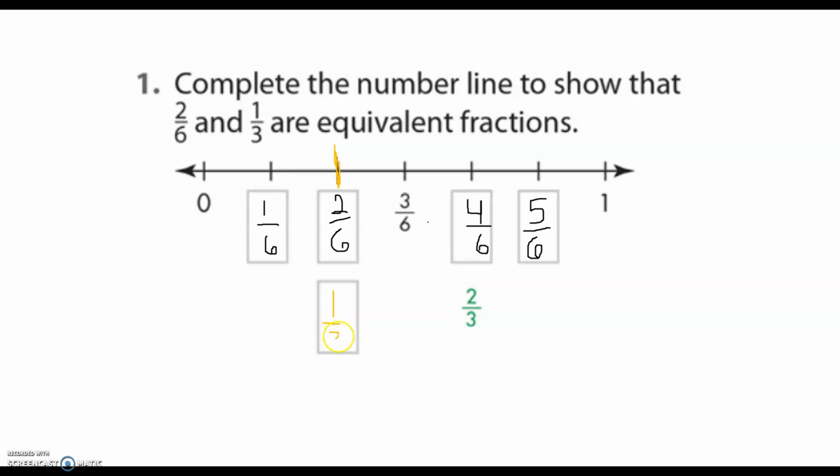And then piece 2 is here, 2/3. So all of my pieces are equal, all 3 of them. This is my 1/3 mark. And then we have our 2/3 mark. So now we're showing that 2/6 and 1/3 are equivalent or equal fractions because they fall on the same spot on the number line.